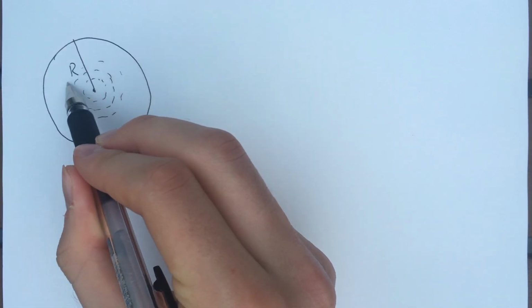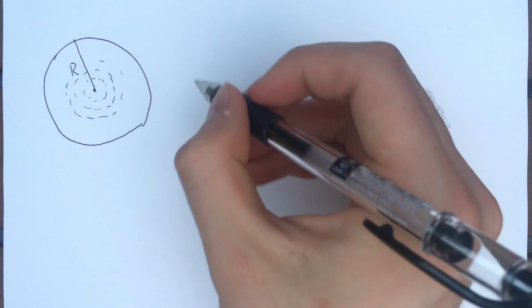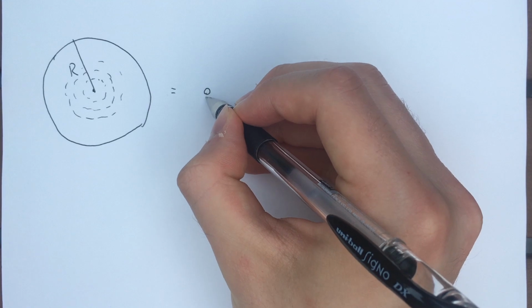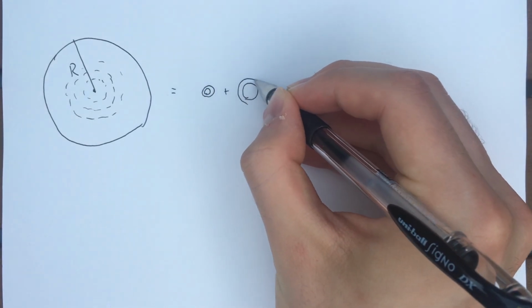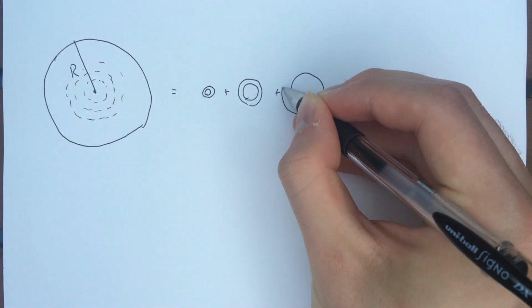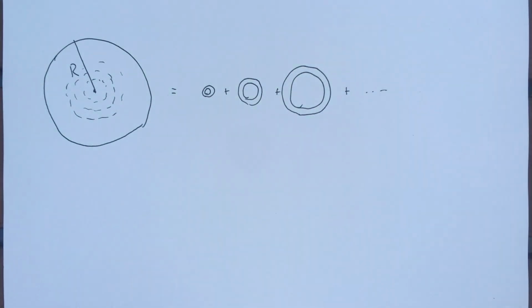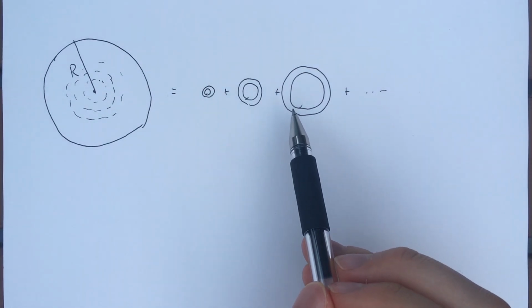But this needs to be an area, so let's take these rings. Then the area of this circle is simply just the sum of these small rings. And of course we're assuming that the area of these rings is infinitesimally small.